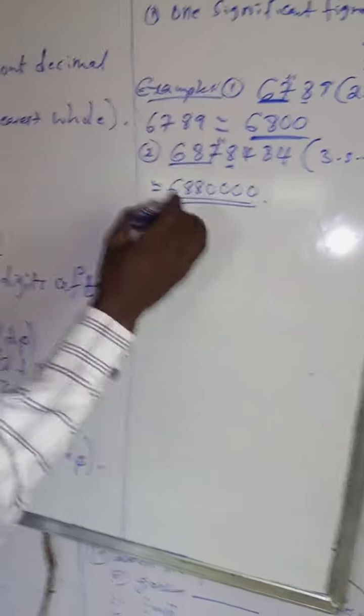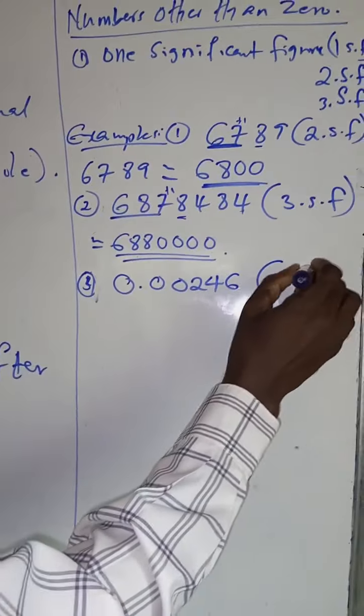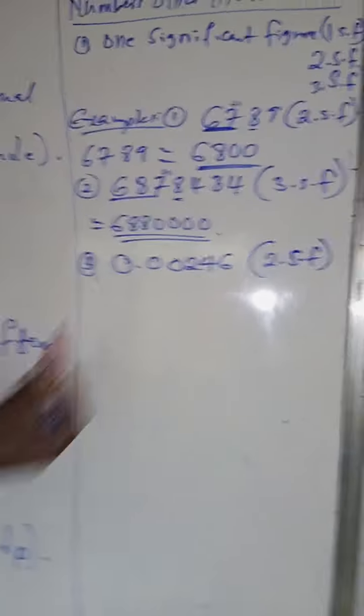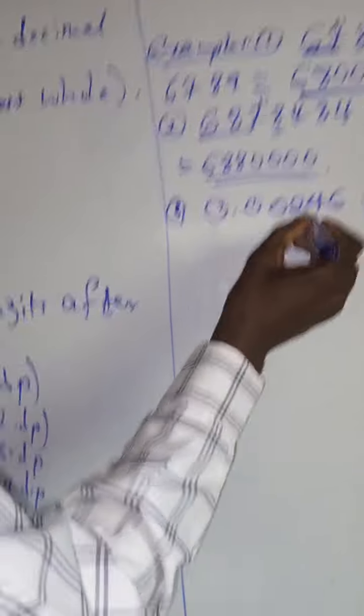the decimal of a negative part. So when you have 0.00246, and it says 2 significant figures, now all these zeros are irrelevant, like I said. Starting from 1 or 2, this is the first significant figure.